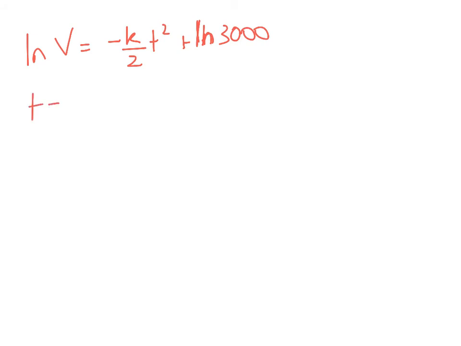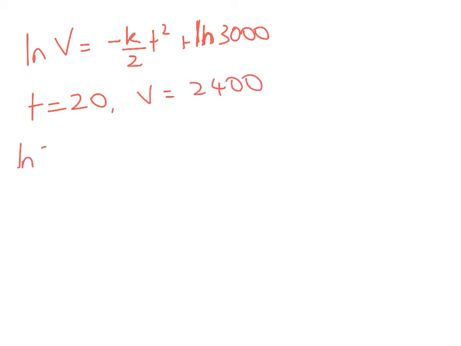So where we've got to is this. Natural log of v is equal to negative k on 2 t squared plus the natural log ln of 3000. Next we're going to use, when t is 20, v is 2400.